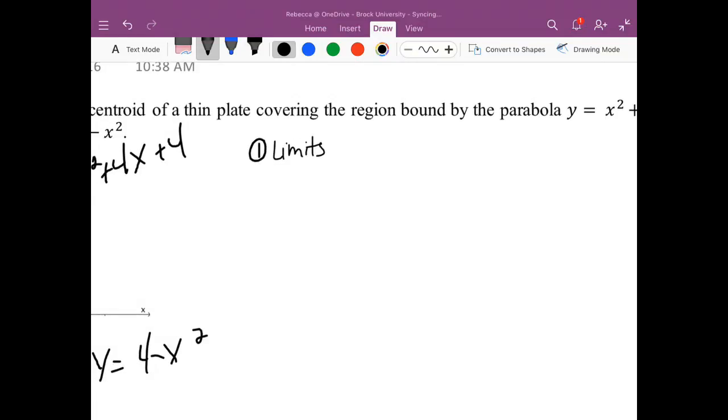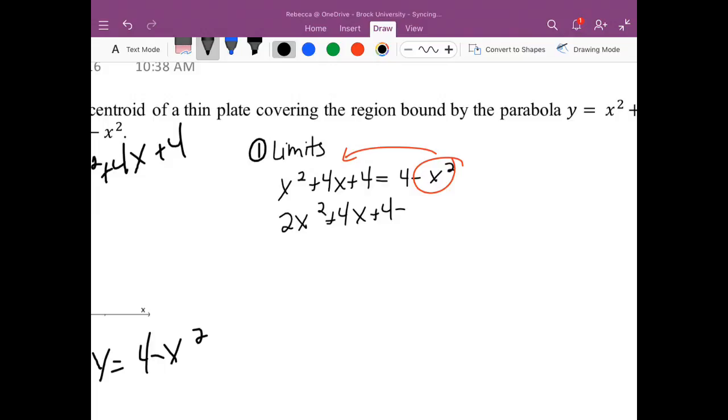So I have x squared plus 4x plus 4, and I'm going to set it equal to my second parabola there. I'm going to bring this value over, making it a plus x squared. And x squared plus x squared gives me 2x squared. And then I'm going to bring this over, which is going to become a minus 4.